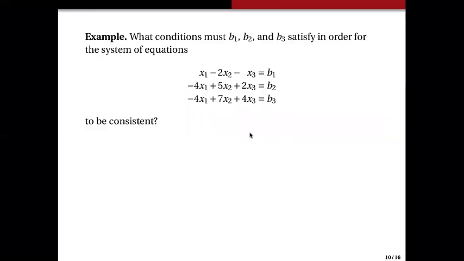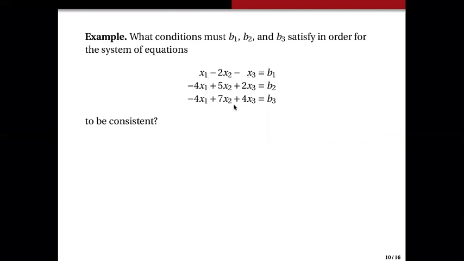For example, let us consider the linear system here. What conditions must B1, B2, and B3 satisfy in order for this system to be consistent? For this, look at this. We have 3 equations and 3 unknowns, x1, x2, and x3.